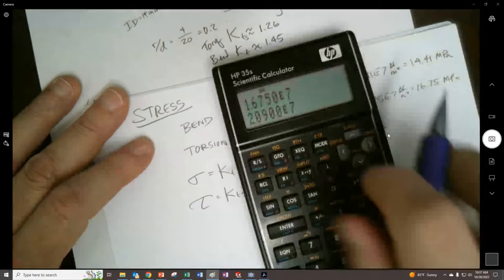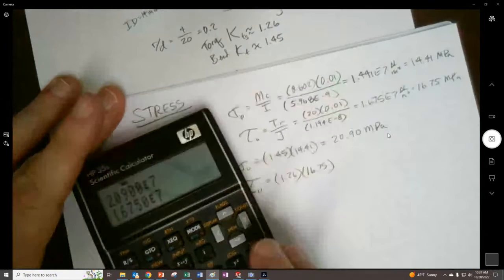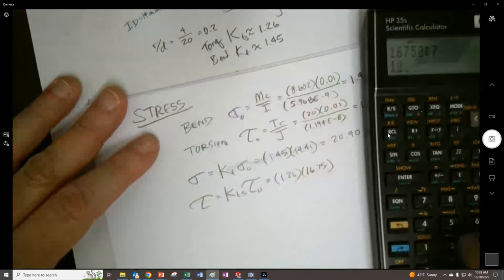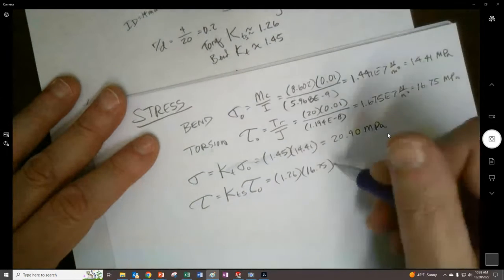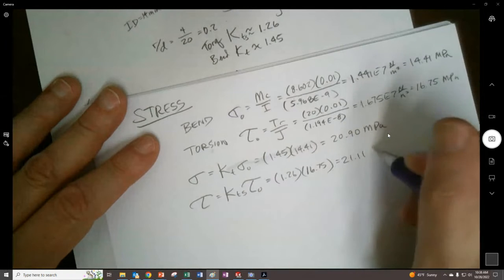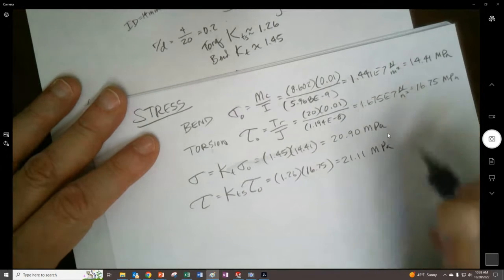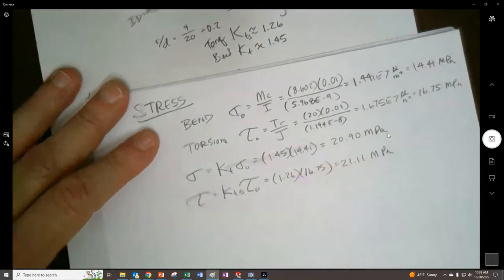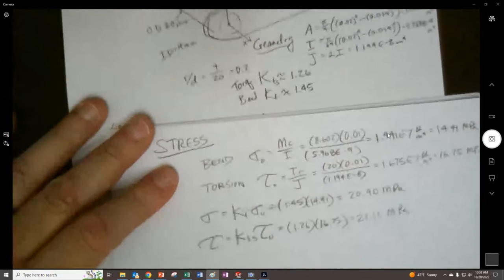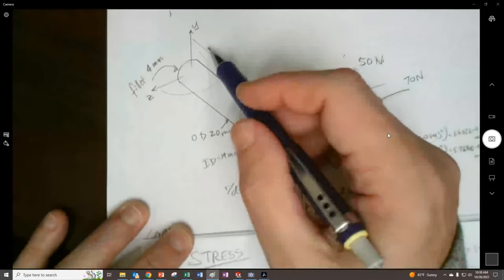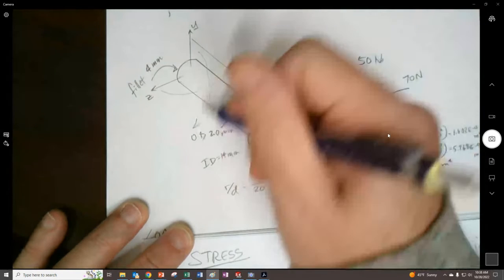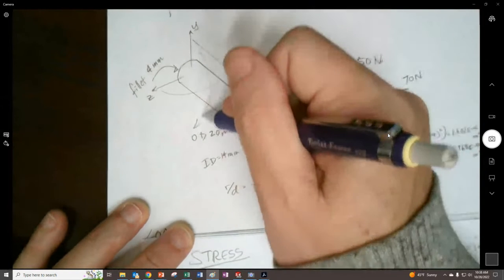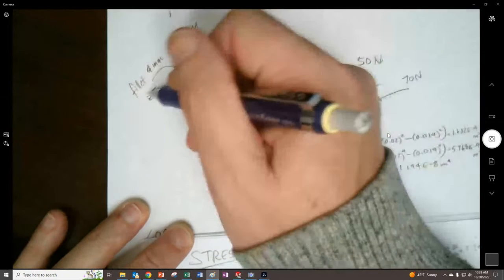So we take that, 1.26, so we have 21.11 megapascals. And by the way, this is tension and compression because this thing is bending. I drew these little arrows on here, and the 50 newtons was making a bending coming down about the Z, right?